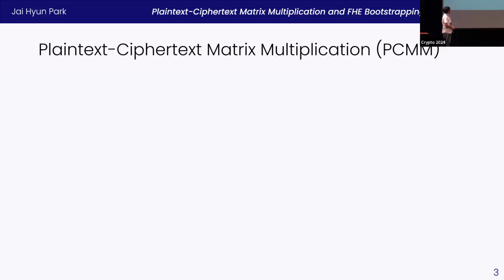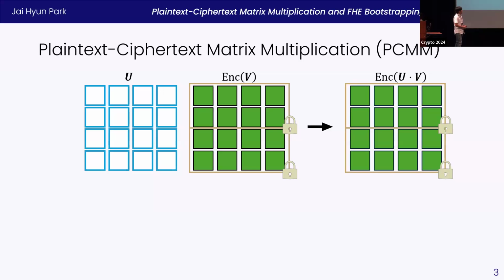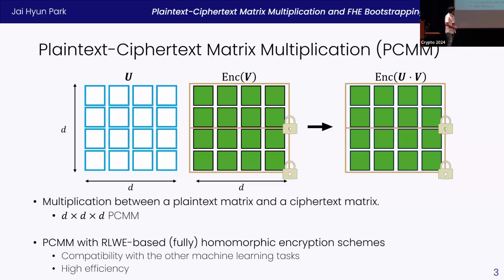In this work, we focus on plaintext ciphertext matrix multiplications. We are given a plaintext matrix U and an encrypted matrix V, and our goal is to obtain the encryption of the product matrix UV. For ease of discussion, we will focus on square matrices, and when we say dimension D PCMM, that means the dimension of the matrices is D. Also, in this talk, we mostly focus on PCMM with ring LWE-based FHE schemes.